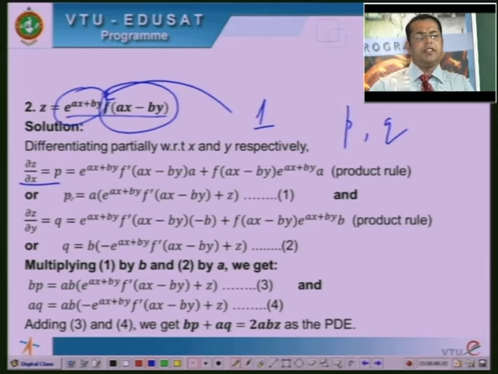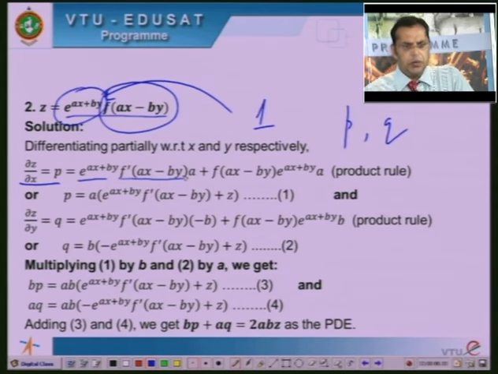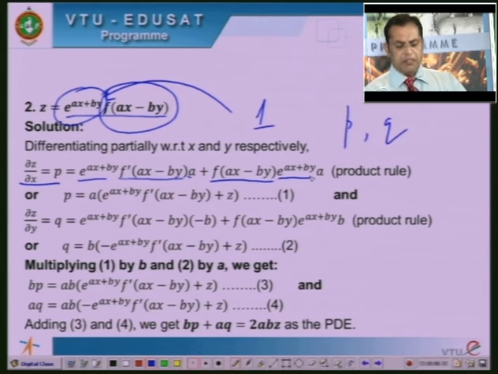So, dou z by dou x equal to p will be the first function e power ax plus by into f dash of ax minus by into the derivative of ax minus by with respect to x, which is a, plus the second function f of ax minus by into the differentiation of e power ax plus by with respect to x, which is e power ax plus by itself into the differentiation of the power ax plus by with respect to x, which gives you a.